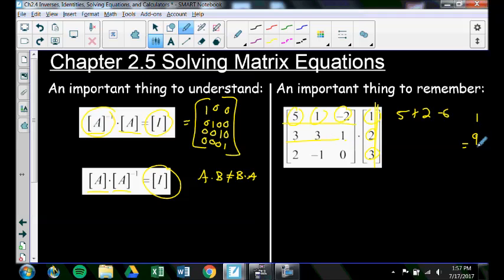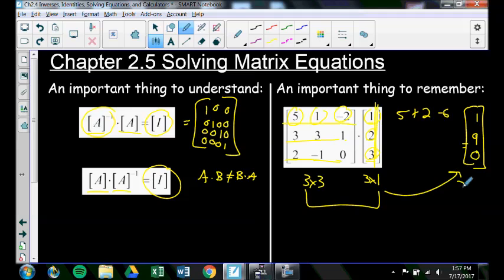And I'll do this row into this column, and that's 2, minus 2 is 0, plus 0 is 0. So that's 1, 9, 0. This is the new matrix. Because remember, this is a 3 by 3, this is a 3 by 1. When you multiply those, the outer numbers get you a 3 by 1.